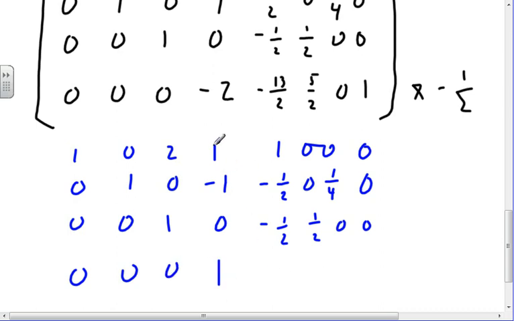So I'm 1, 2, 3 more operations away. All right, so I'm going to be 13 quarters. It's going to be 5 quarters, 0, 1/2.